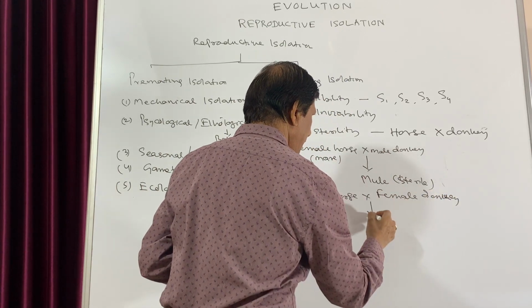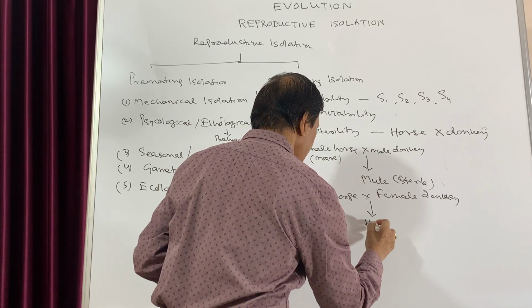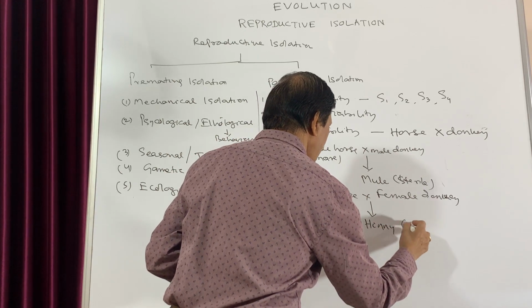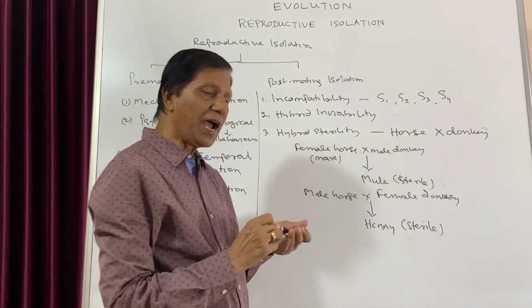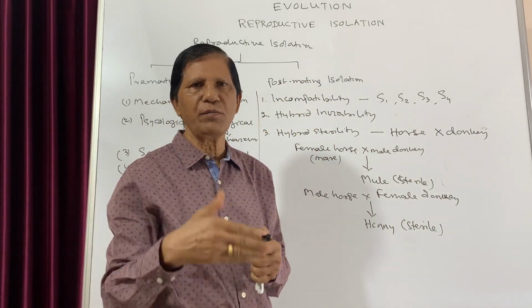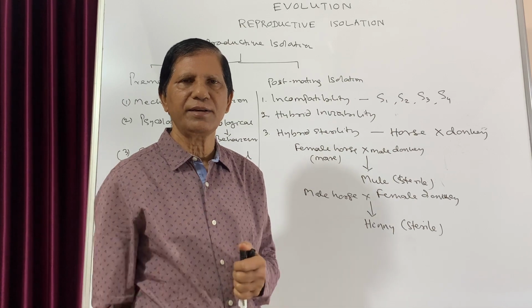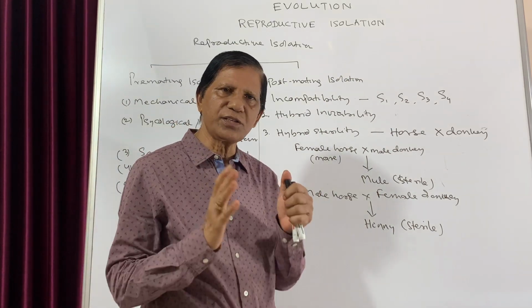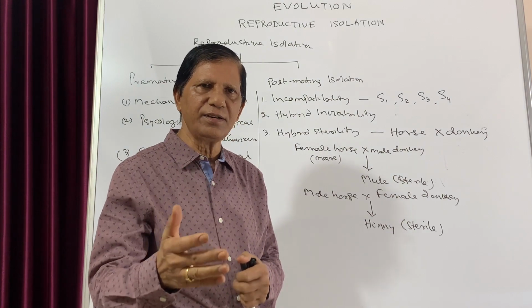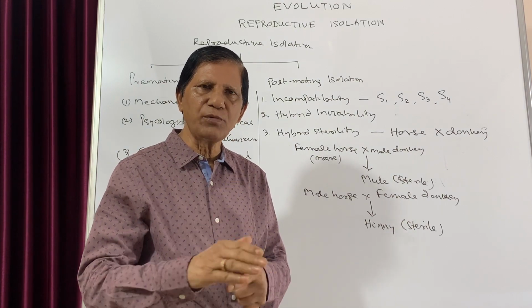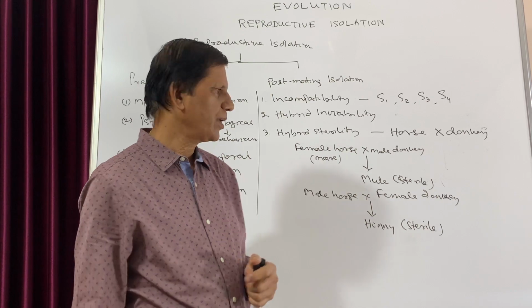In this case the hybrid is known as a hinny, and this is also sterile. When the hybrids are sterile, how can we multiply them again and again? The crossing is not possible and new species cannot be created, because the hybrids are sterile and we cannot multiply them further.